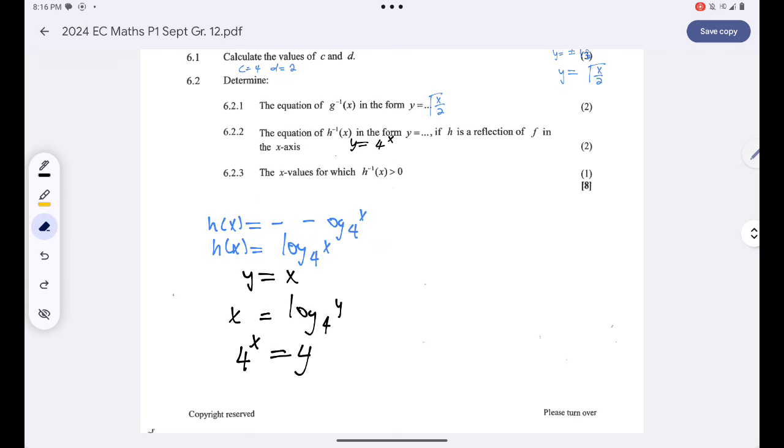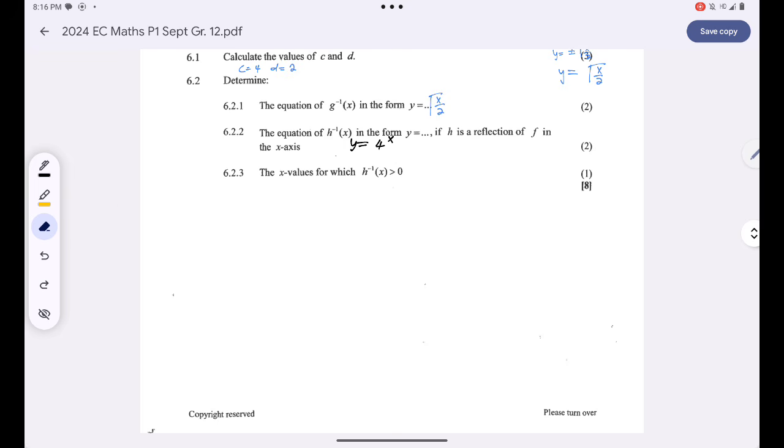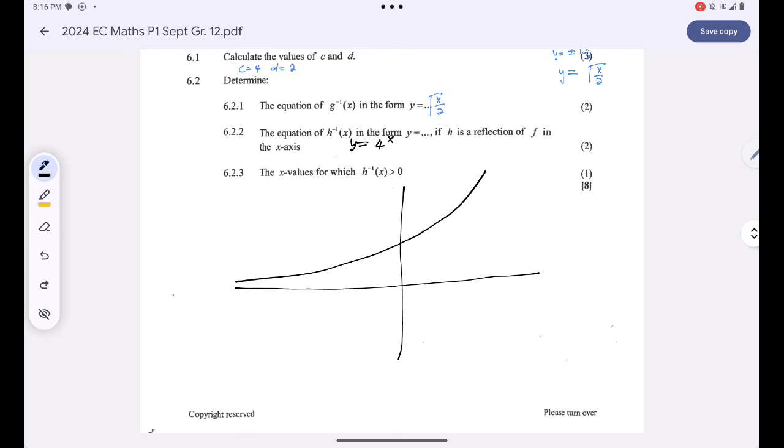And then now I'm supposed to determine the values of x for which the inverse of h of x is greater than 0. If you draw the graph of the inverse of h, it will simply be a graph like this.